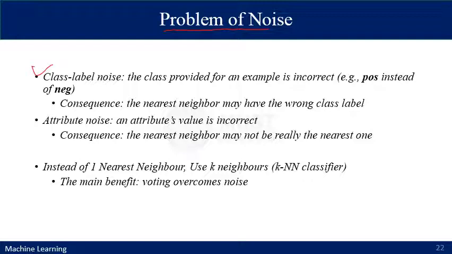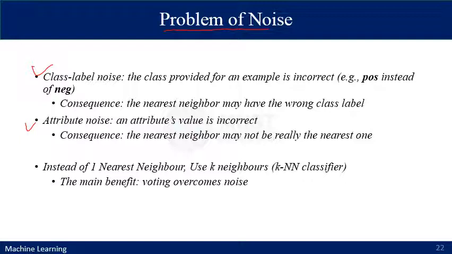First is class label noise, and the second one is attribute noise. For example, you may have a training set in which the class provided for an example is incorrect. For example, you may have the image of a cat which is wrongly labeled as dog. When you compare a new example, which is closely linked to that cat, but the label is dog, you classify that example as a dog.